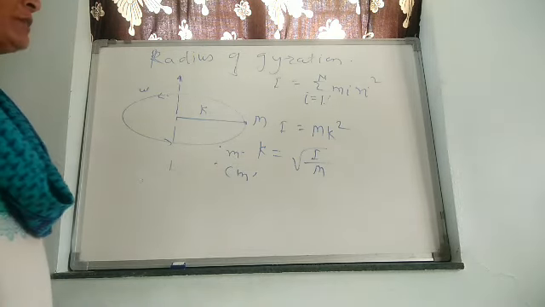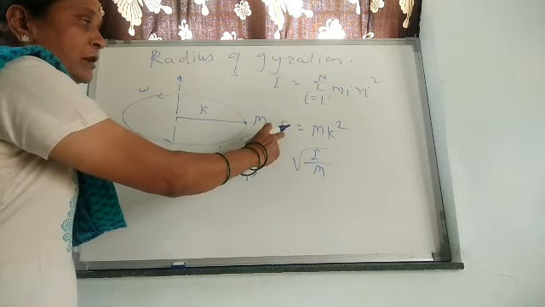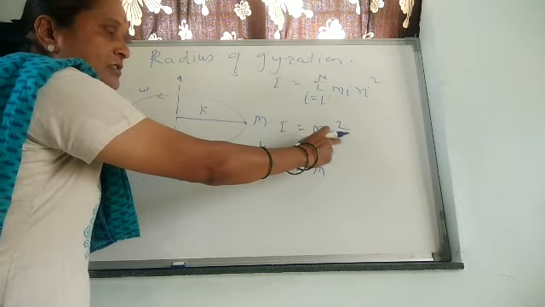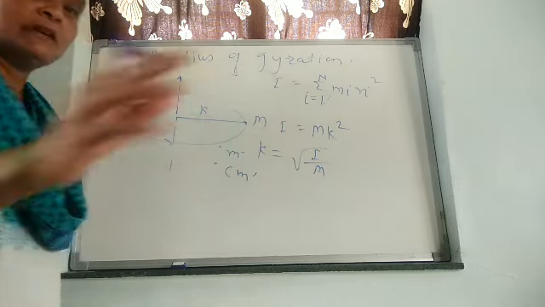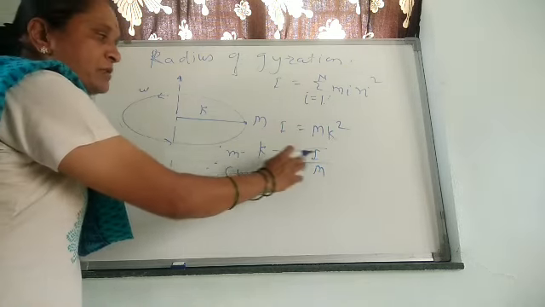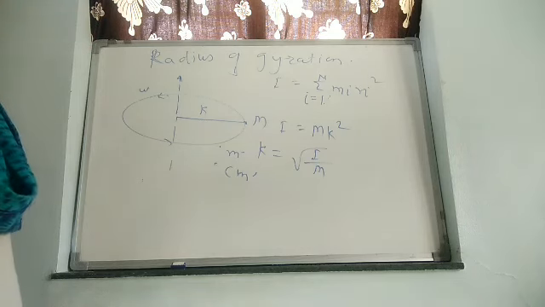That is called the radius of gyration. And therefore we have written moment of inertia I is equal to mass into the square of its distance from the axis of rotation, I is equal to m k square, where k is the radius of gyration, and k is equal to under root of I upon m, where I is the moment of inertia of that body.